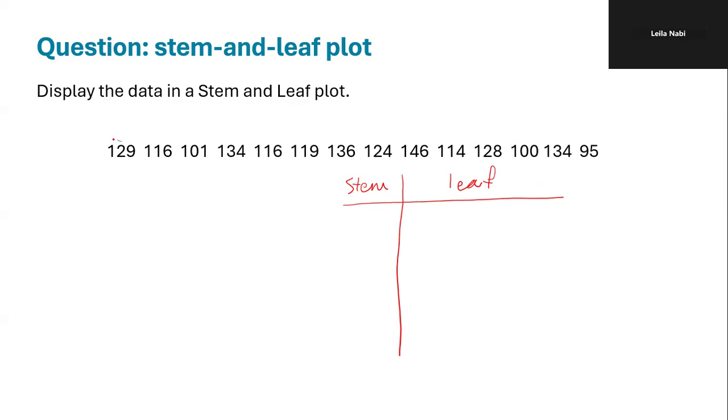The different stems that we have are 12, 11, 10, 13, 14, and 9, and I'm not going to choose the repeating one. I put these numbers in the stem in order from least to greatest: 9, 10, 11, 12, 13, and 14.